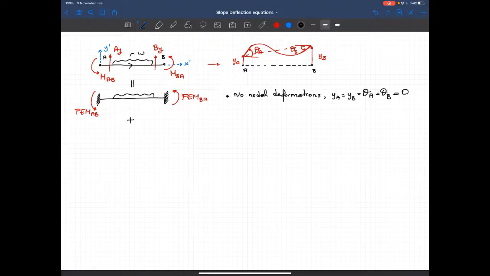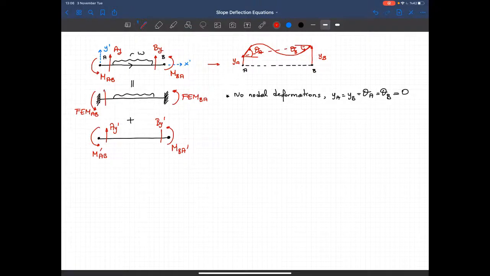Plus, we have these forces at the nodes. Nodes are free now. And I will have, let me use the red color again, MAB prime, MBA prime, AY prime, and BY prime.